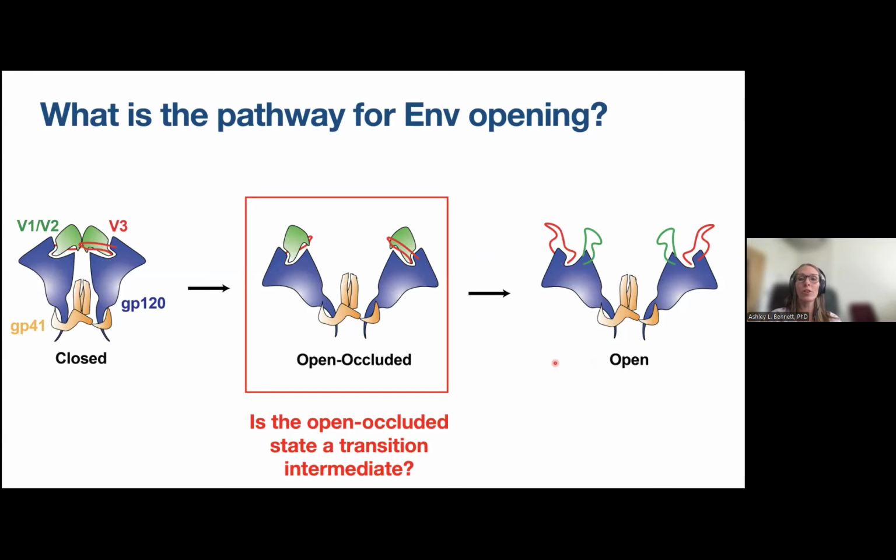We've only ever observed this structure with antibody binding. So there's still a question of whether this is a state actually available to the envelope absent the antibody being bound. We also are interested in identifying other structural intermediates along this pathway and determining the kinetics associated with these transitions.